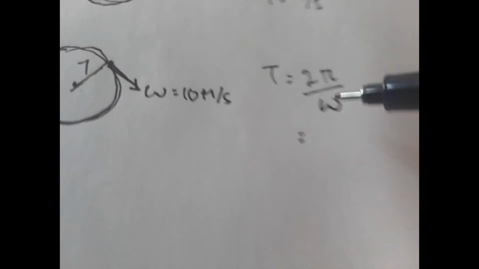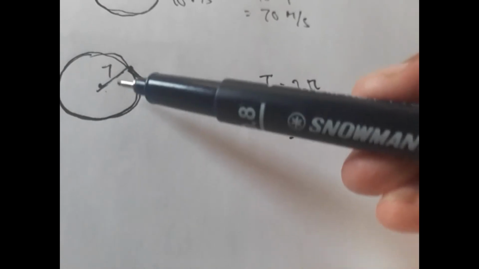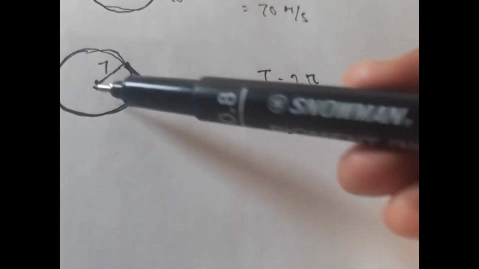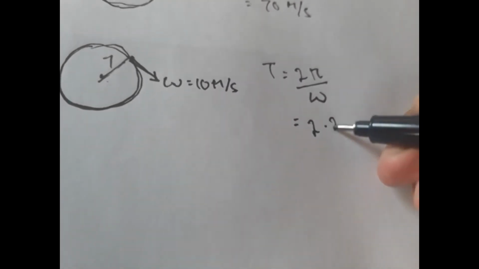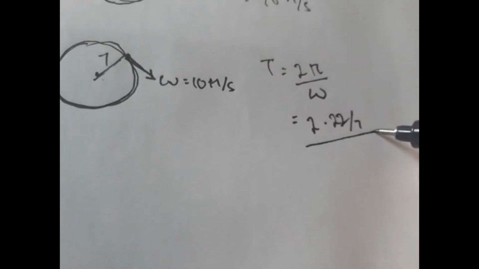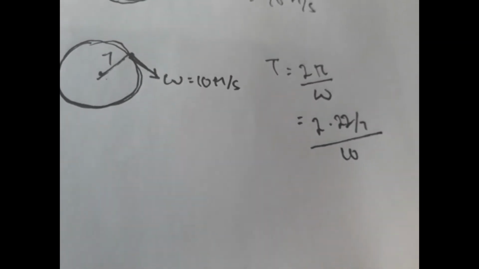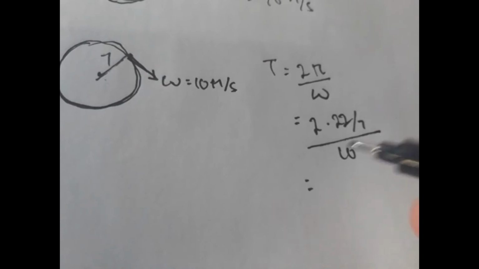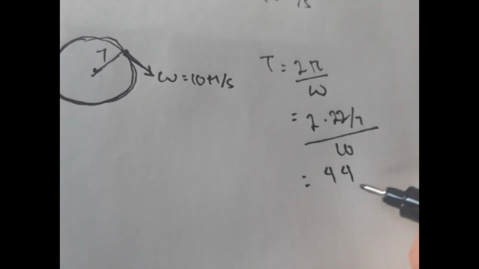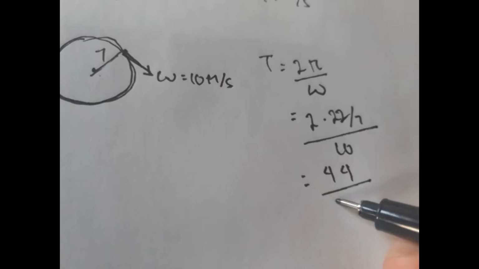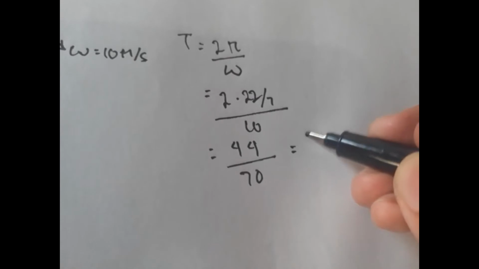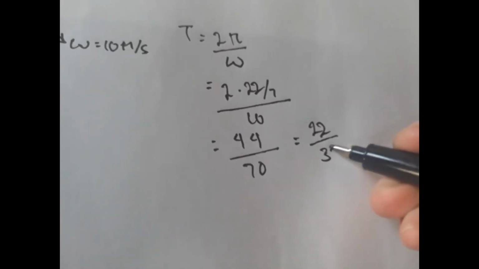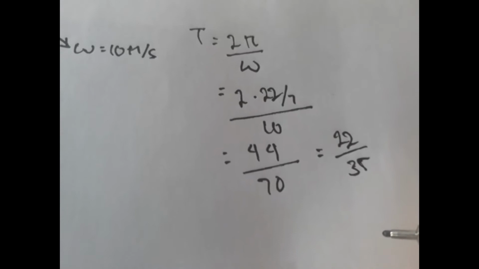Although for the period, because the formula doesn't use the radius of the circle, we can assume that this one is not used. So you have 2 times 22 over 7 over 10. Here you have 44 over 70, which equals 22 over 35. That's it for the linear speed.